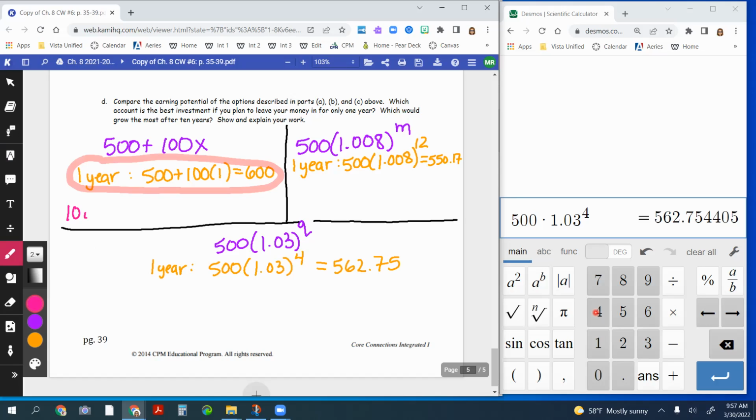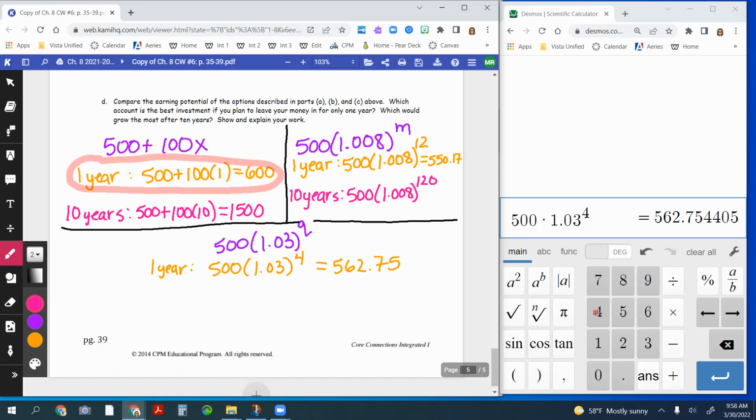So we're going to have 500 plus 100 times 10. So that is going to be 1,000 plus 500, which is going to be $1,500. Okay, so this one for 10 years. Now this is going to be 500 times 1.008. Now this is monthly, so it's going to be 12 times a year for 10 years.